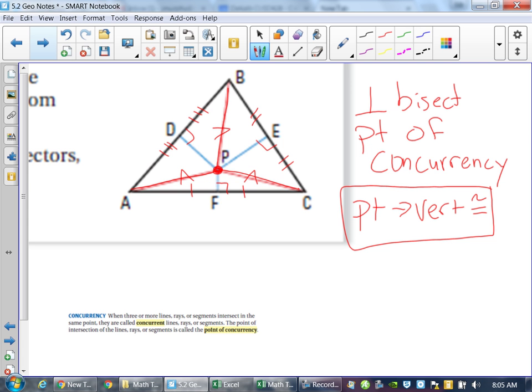Okay? So in a perpendicular bisectors where we have, and I just had a bunch of markers, I forgot to take them out of my bag.